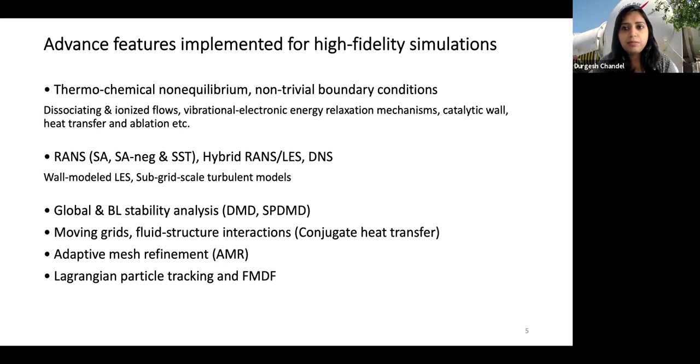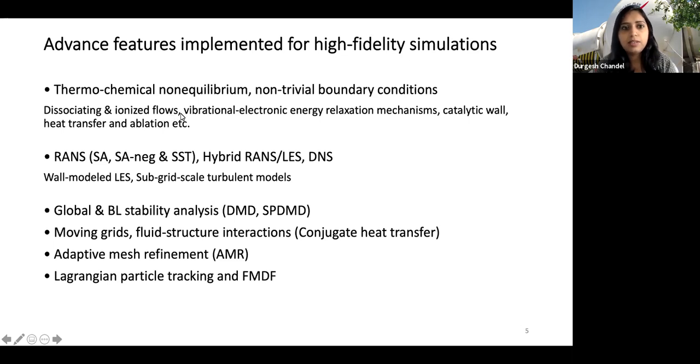For high fidelity simulations, the code has almost all the state of the art gas physical and kinetic models. There is modeling for thermochemical non-equilibrium, for dissociating and ionized flows.